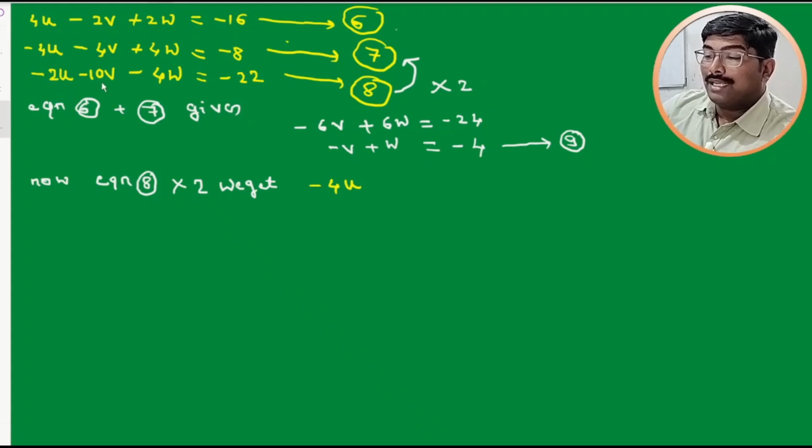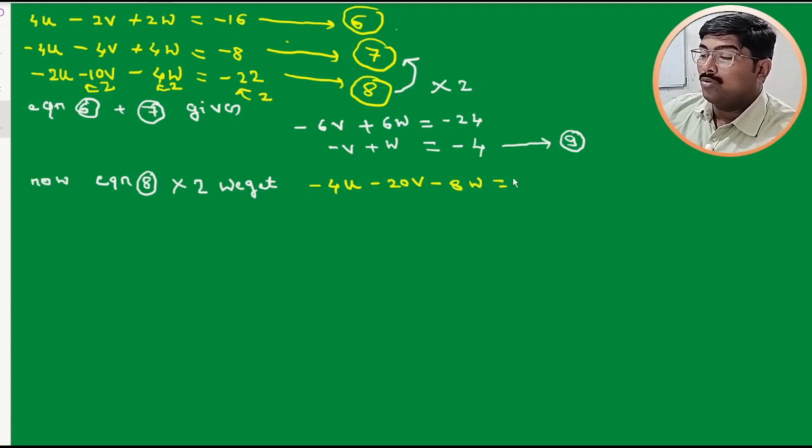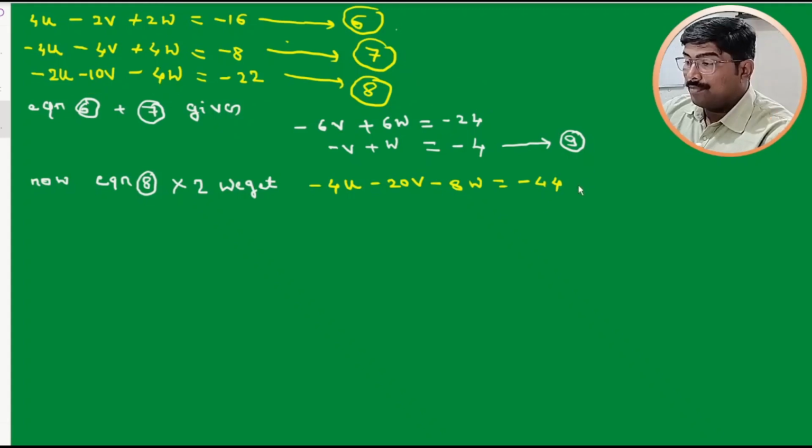For the second term, multiplying with 2, you will get 10 into minus 2 is minus 20, that is minus 20v. Similarly for the third term, 2 into minus 4 is minus 8, that is minus 8w, and on the right hand side, 2 into minus 22 is minus 44. So write down this equation number 10.